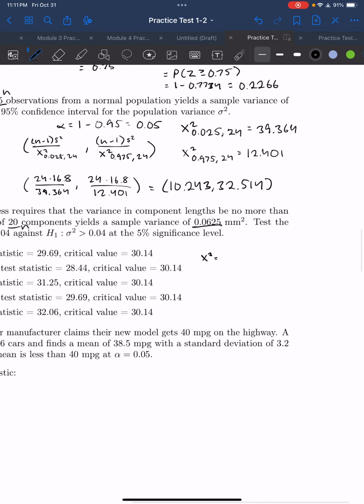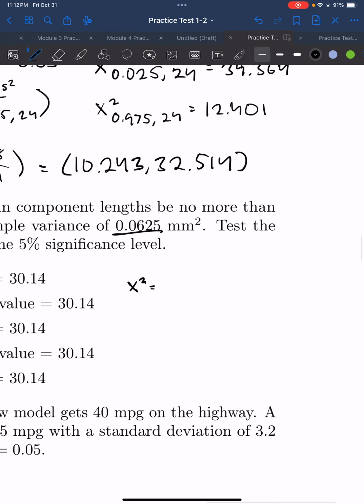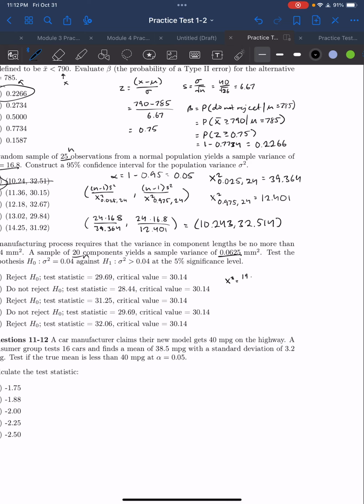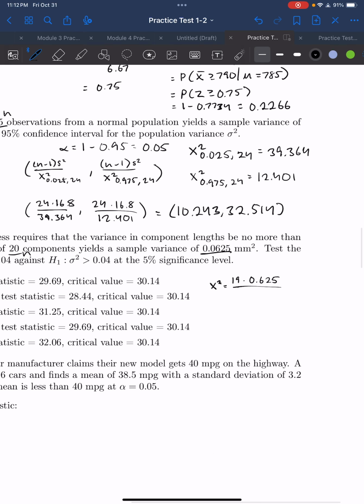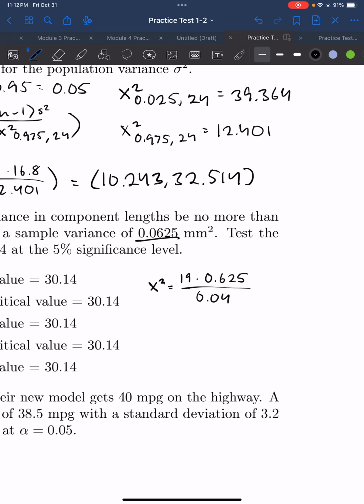so we have 19 times our sample variance, which is 0.0625, and we divide that by our variance that we're testing against, so that's 0.04, and then we get that as our values.